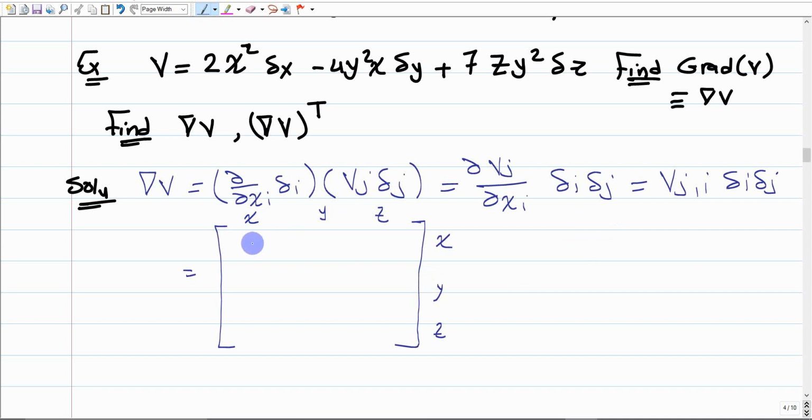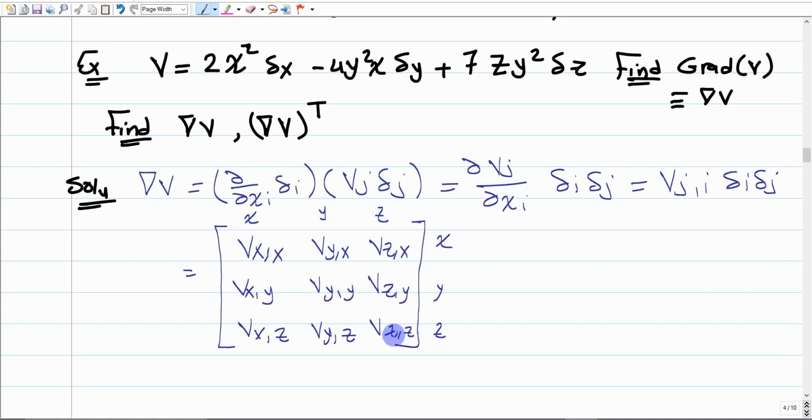It means that i x j is x, so we're gonna end up with vx comma x. Then here vy comma x, then vz comma x. Here vx comma y, then vy comma y, then vz comma y. Here vx comma z, then vy comma z, then vz comma z. So these are the expanded form of the compact form of the gradient of this vector.